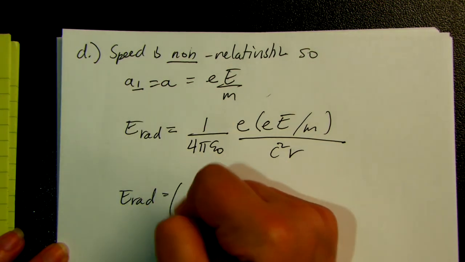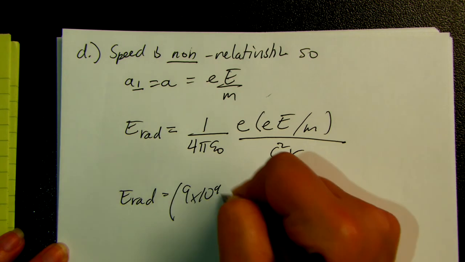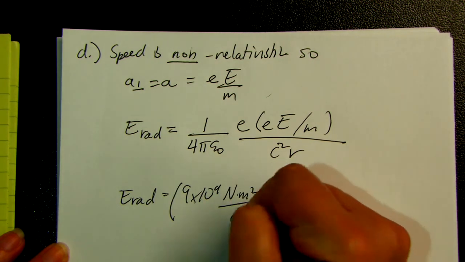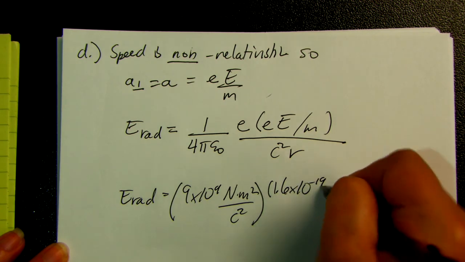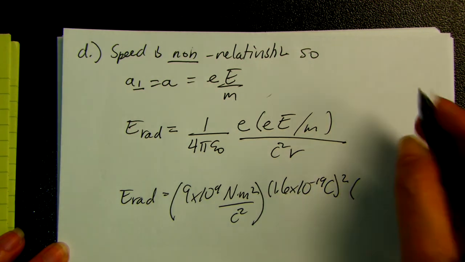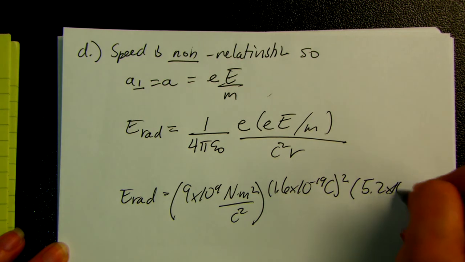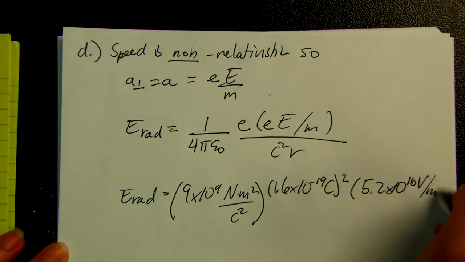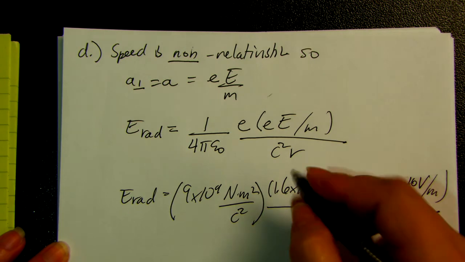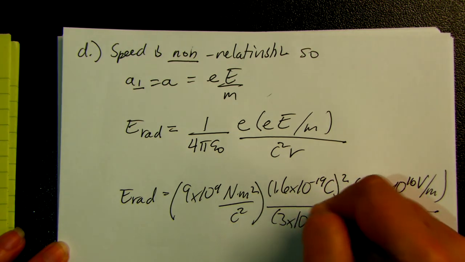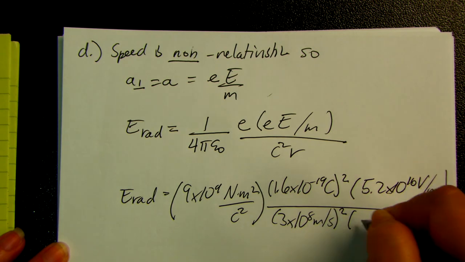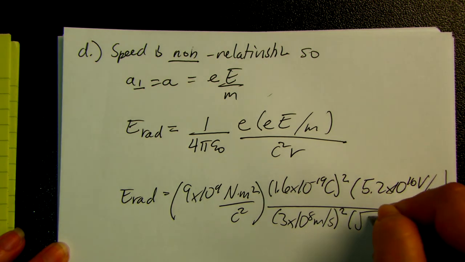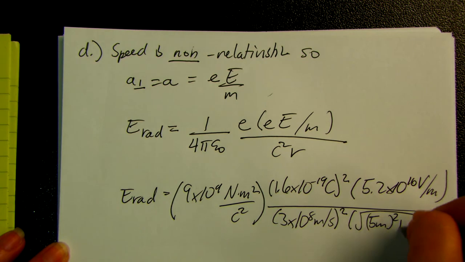E radiative, 9 times 10 to the 9 Newton meters squared over coulombs squared, 1.16 times 10 to the minus 19 coulombs, quantity squared, 5.2 times 10 to the 16 volts per meter, 3 times 10 to the 8 meters per second, quantity squared, square root 5 meters, quantity squared, plus 3 meters, quantity squared.